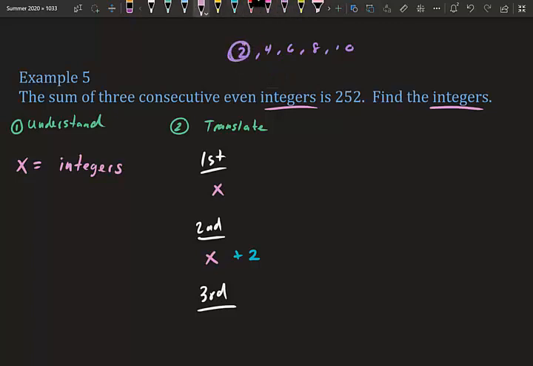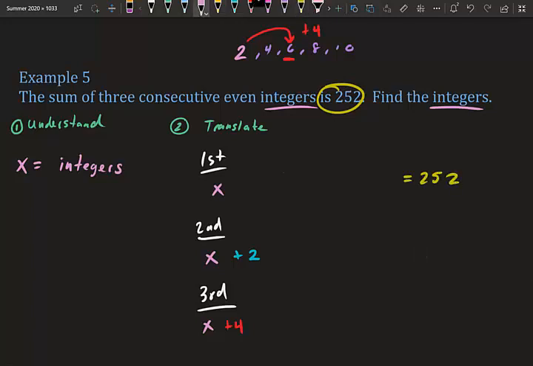We're at x, which is 2. Now we need to get to the third one. So to get to the third one from the beginning, that was plus 4. So we have to do x plus 4. And it is 252.